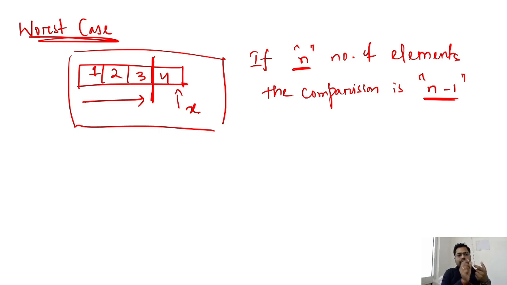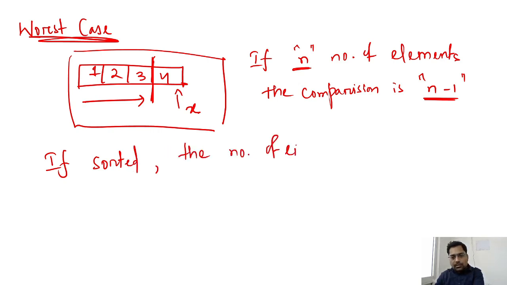Next in pass 2 we focus on this third element. Here we have to do the comparison. As we fix this as our n, then n minus 1, again we do the comparison. Once we are going from the starting end to the last end, if sorted, the number of elements is equivalent to the number of passes.